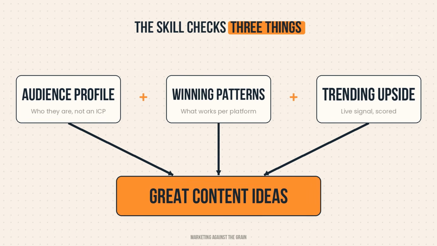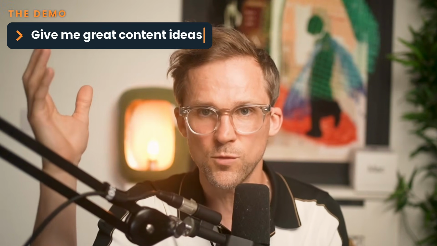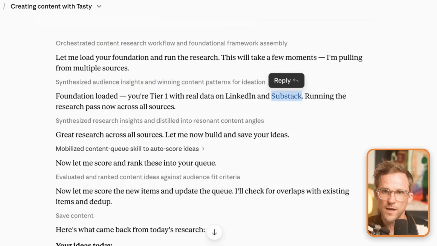Number two, it will look at my winning platform patterns. Then it's going to look at, hey, I see you are just asking for content ideas, so I'll check all your profiles. If I said, hey, create content ideas for LinkedIn or Substack, YouTube, TikTok, it will only look at the winning patterns from that specific platform. What are winning patterns? I'm going to show you.